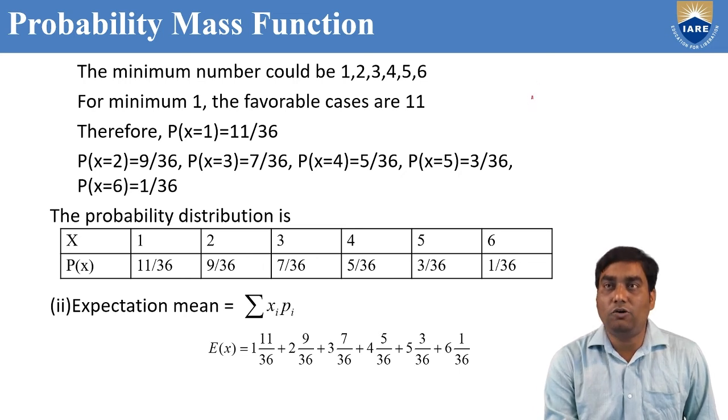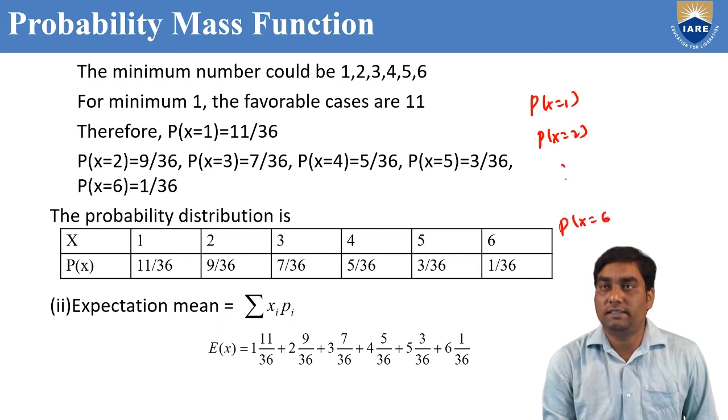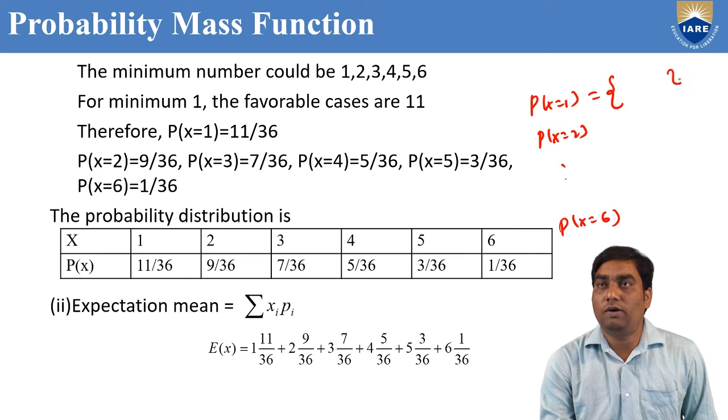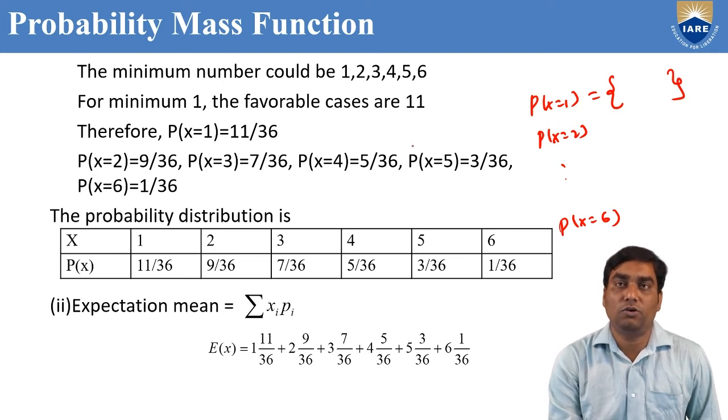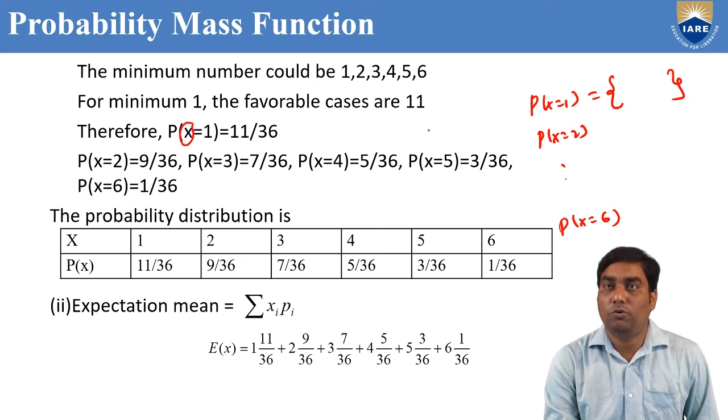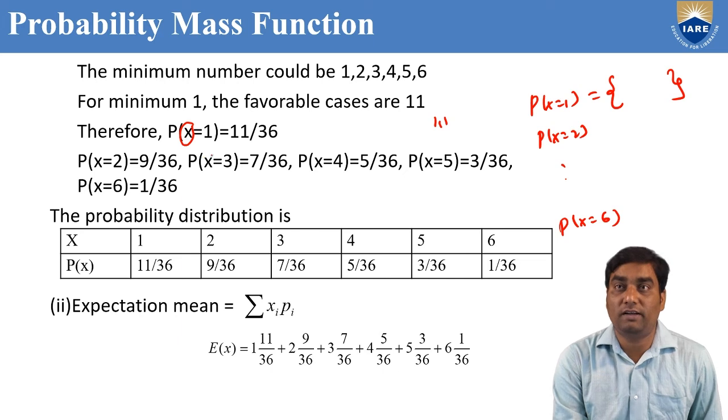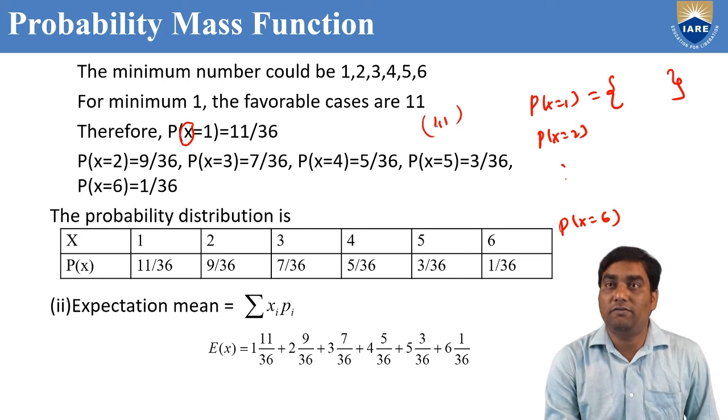Now you need to find out P of x equal to 1, P of x equal to 2 and so on, up to P of x equal to 6. So what are the chances of probability of x equal to 1? The minimum number should be 1. In which case? In the 1 comma 1 case, the minimum is 1.